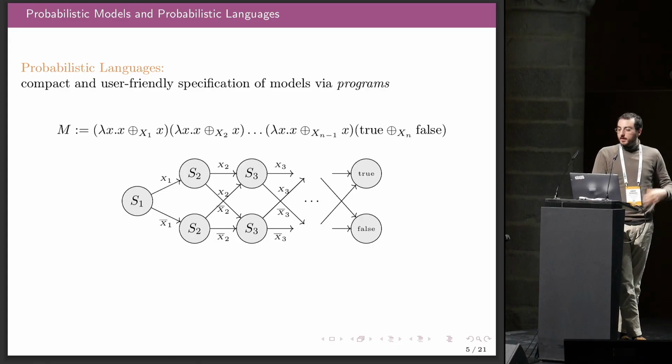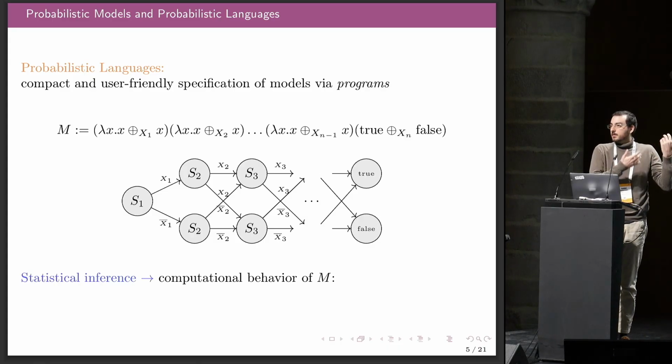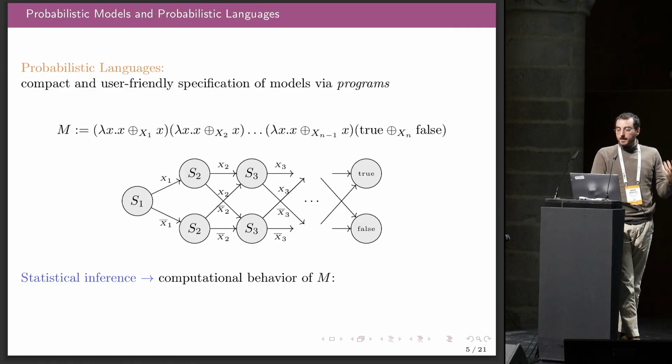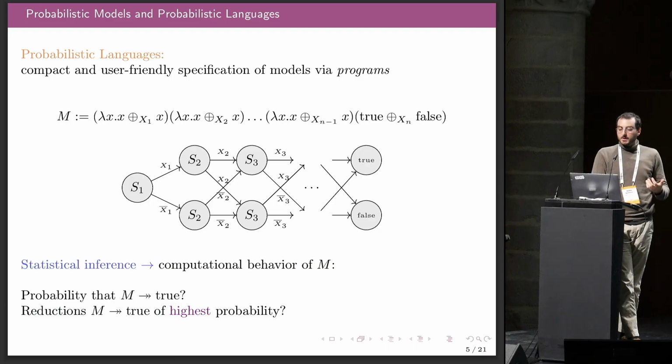And here, of course, the interesting part is that the typical questions that we could ask before on graphical models now become questions about the computational behavior of our program. So, for example, we can ask what's the probability that the program computes true? Or, given that the program has computed true, what are the reductions which have highest probability? These kinds of simple questions.